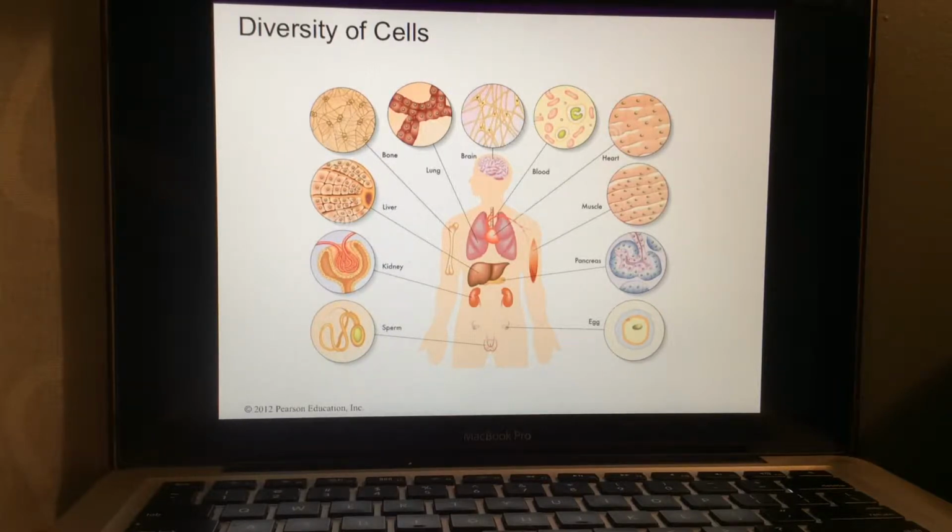In the digestive tract, cells are square or rectangular. The heart muscle and the skeletal muscle are going to have striations. Those are all really important in our cellular function.